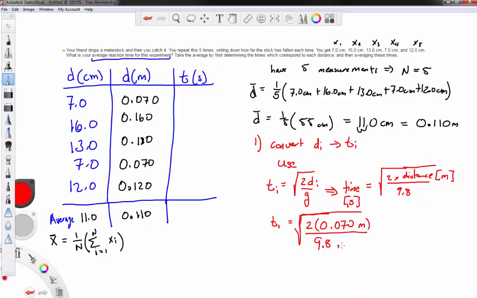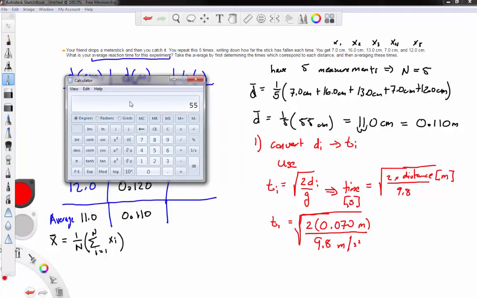For what it's worth, that's actually in units of meters per second squared. Alright, so the order of operations here that you have to follow, you go 2 times 0.07, then you divide that by 9.8. So this first, then times this, then divided by this.